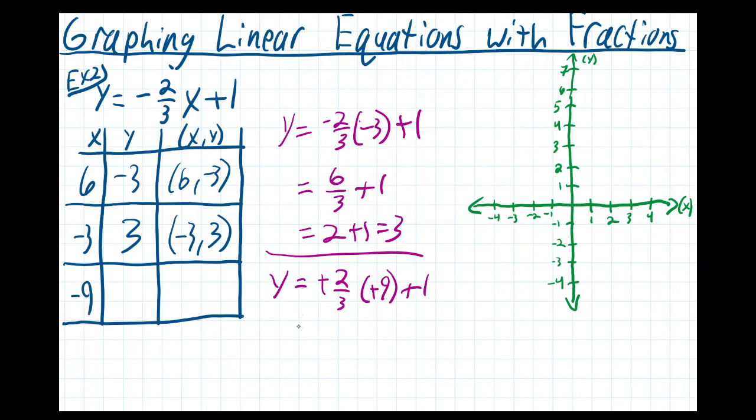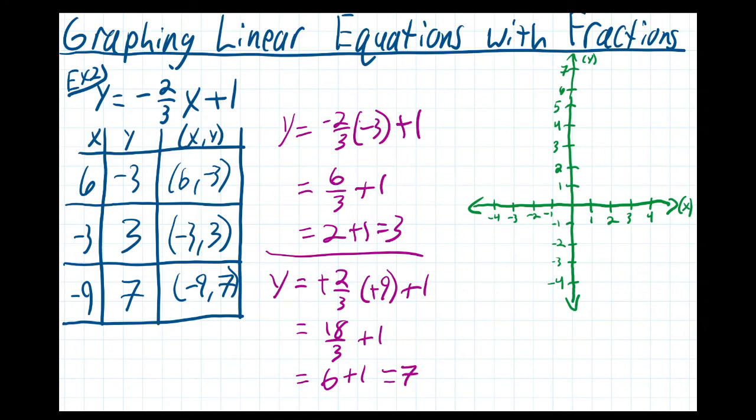And now we do 2 times 9. We're getting 18 all over 3 plus 1. 18 divided by 3 is going to become 6 plus 1. And 6 plus 1, nice and easy, is just going to be 7. So when x is negative 9, y is 7. And we get the point negative 9, 7.